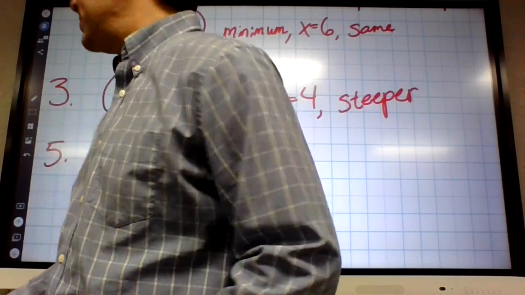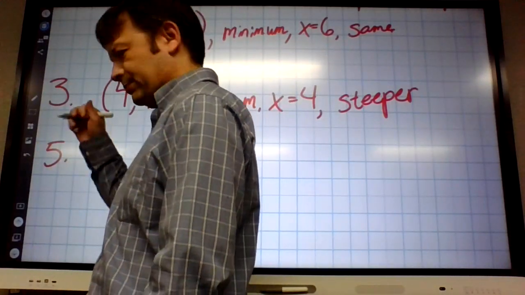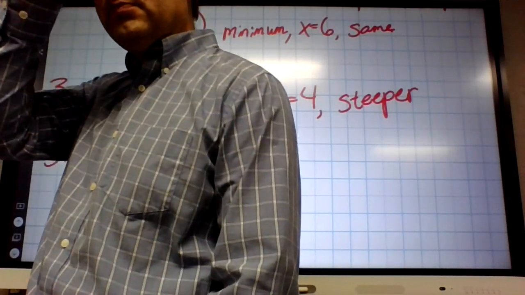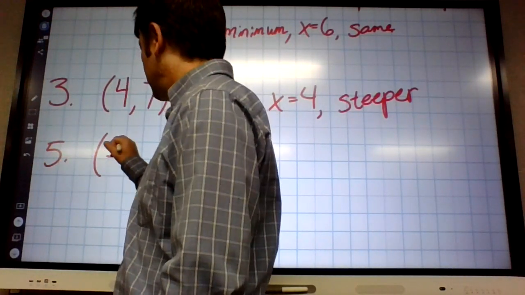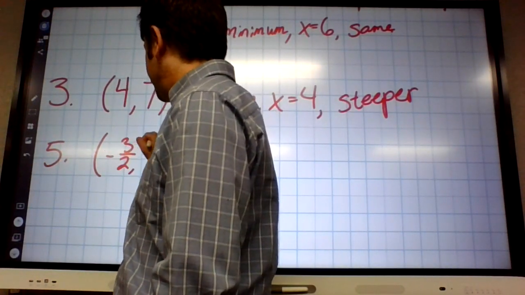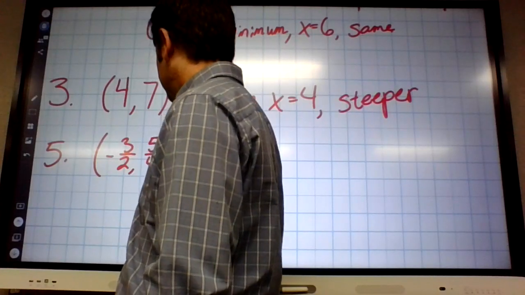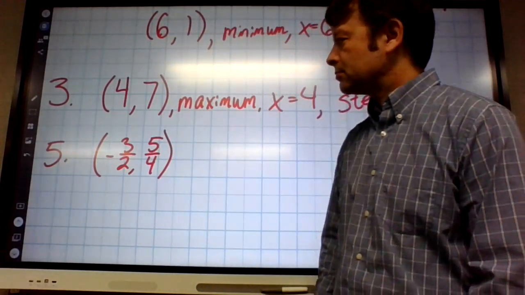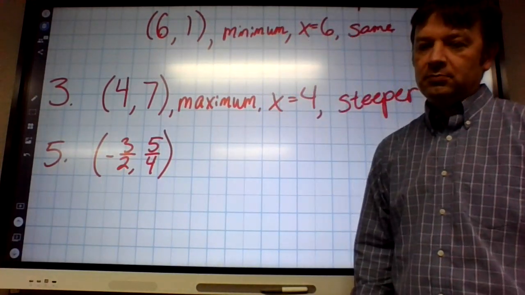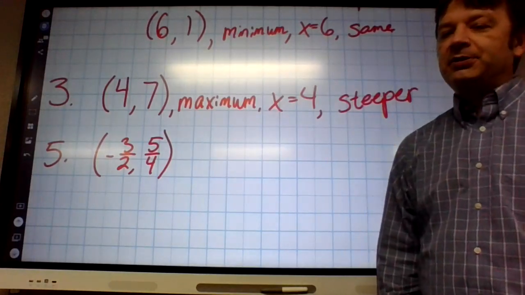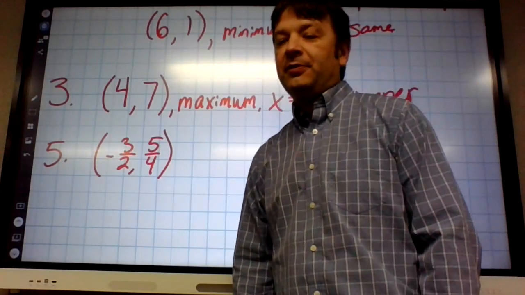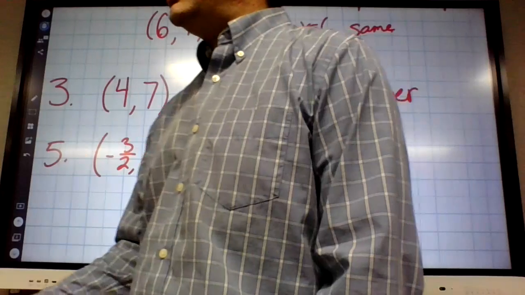Number 5. Where is the vertex? 3 halves, 5 fourths. Negative 3 halves, 5 fourths. Opposite of the first one. Okay, so there's a positive 4/5 on the front. What does that tell me before we write the answers down?